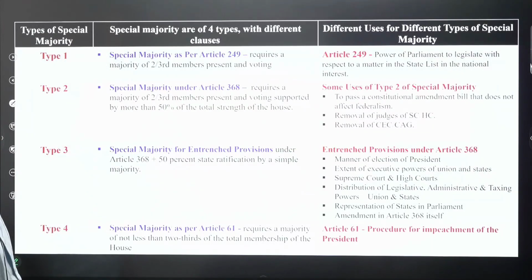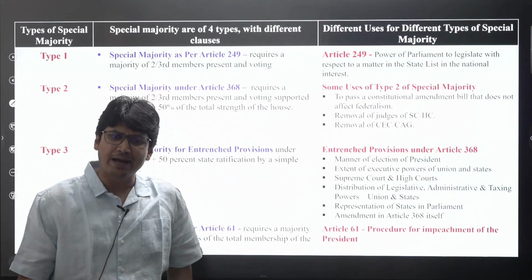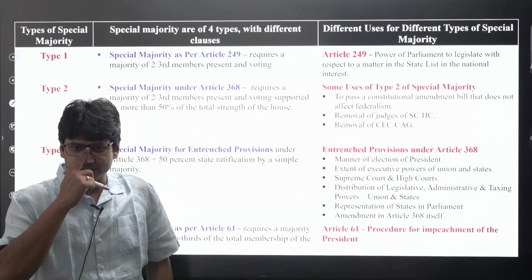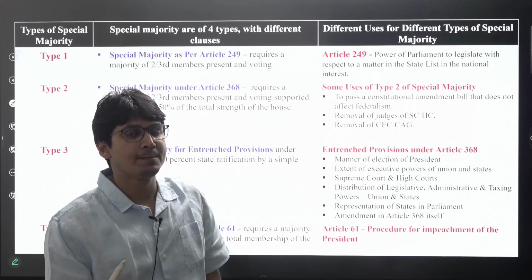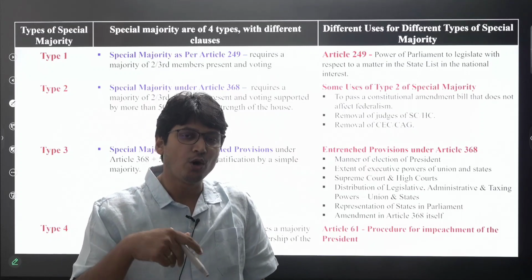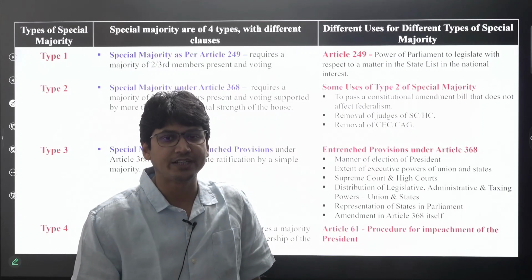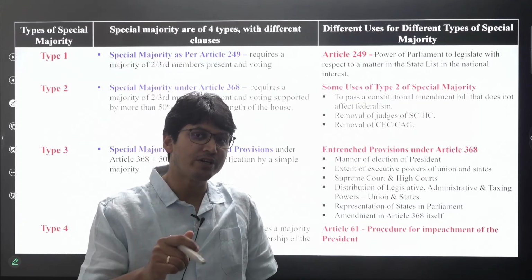So Article 249 is the power of Parliament to legislate with respect to matters in the state list in national interest. Generally Parliament does not have power to make laws on the state list, but under Article 249, in national interest, Parliament can do so. But for that purpose a law needs to be introduced in the Council of States, that is the Rajya Sabha, and must be passed by what type of majority? Type 1 majority.